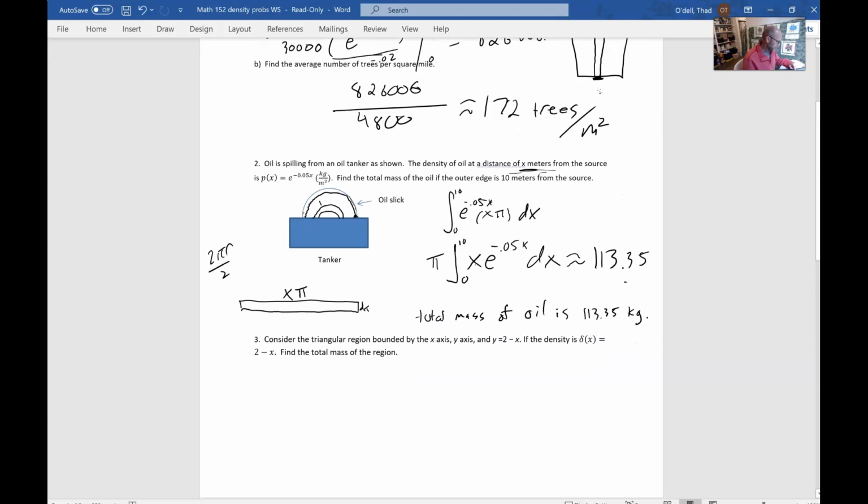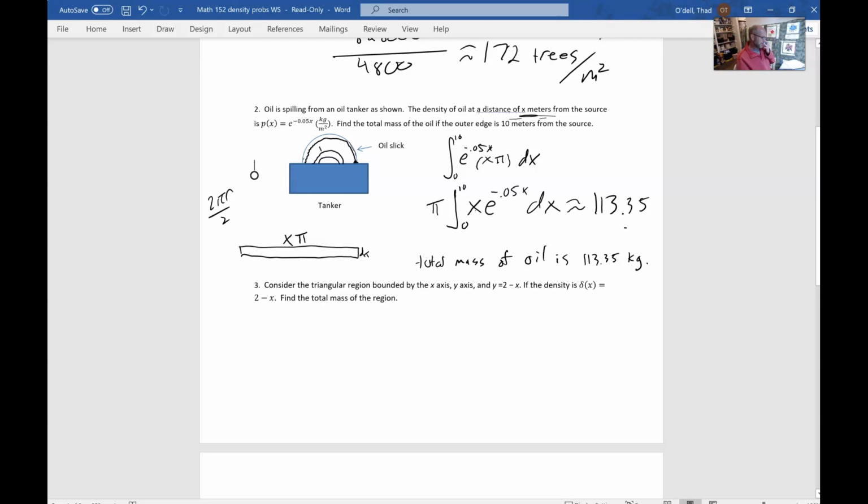Okay. Consider the triangular region bounded by the x-axis. So we got a triangular region, x-axis, y-axis, and the line y equals 2 minus x. So that'd be 1, 2, and then we go like that. If the density is, well, interesting.